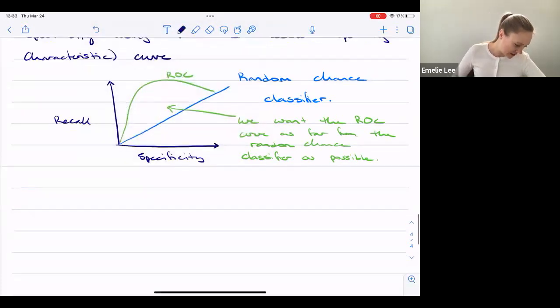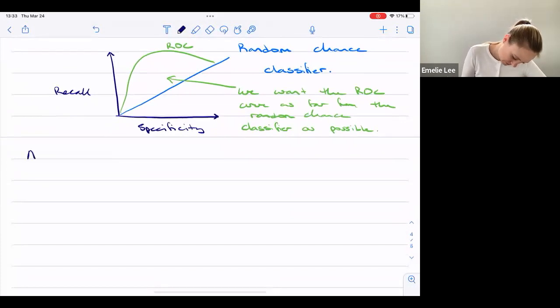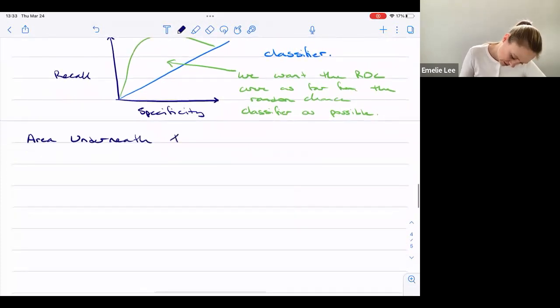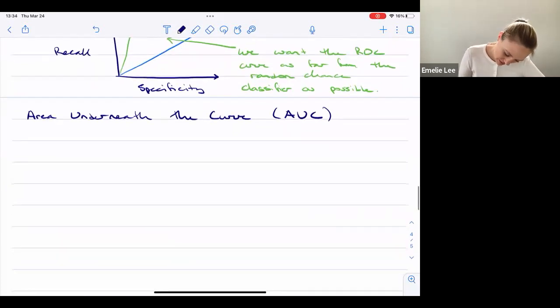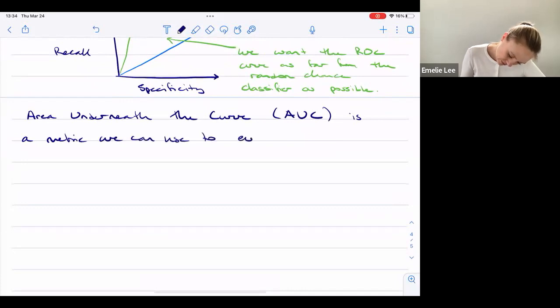So the area underneath the curve, the AUC, is a metric we can use to evaluate the model.